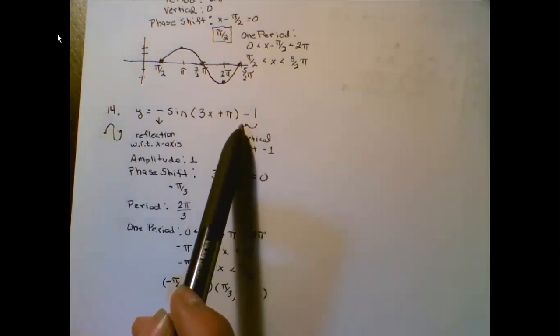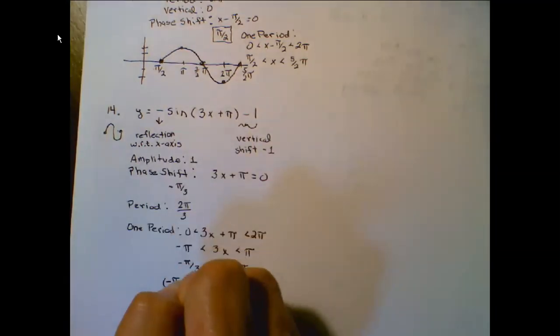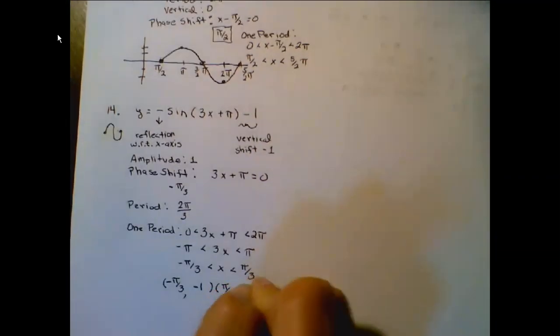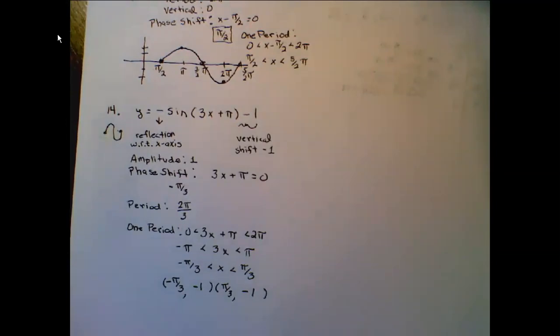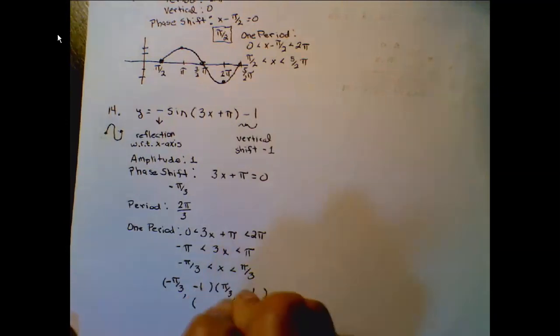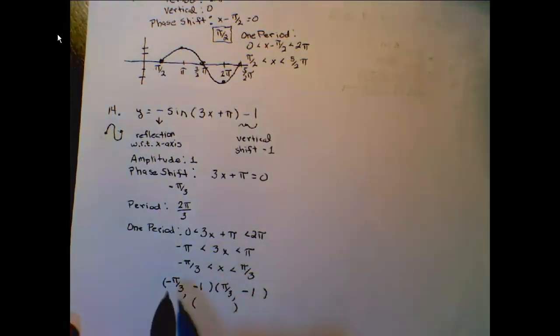And then if we shifted that down 1, it would be -1. So those are our endpoints of 1 period. Our midpoint is what's halfway between negative pi over 3 and positive pi over 3. That's 0.